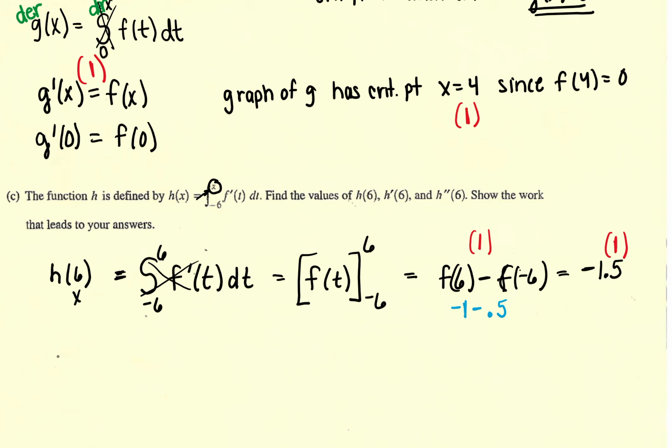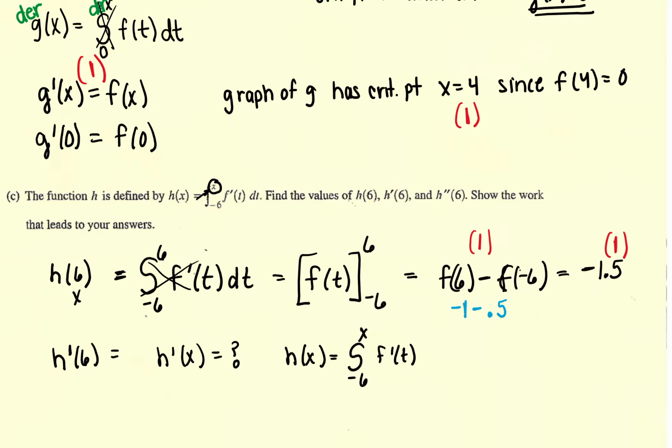Okay, the next part says h prime of 6. So we need the derivative of h. If I want to find the derivative of h, I need to know what is h prime of x. Remember, h of x is defined to be this right here, the integral of f prime of t dt.